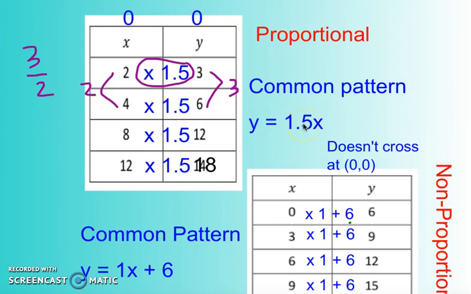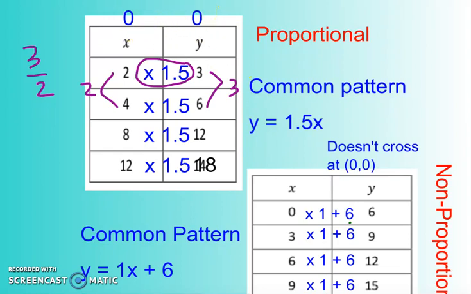Now the second part, if we keep this pattern going, if we keep going by 3's and by 2's, then that means if I subtract 2 from this 2, 2 minus 2 is 0, and 3 minus 3 is 0.